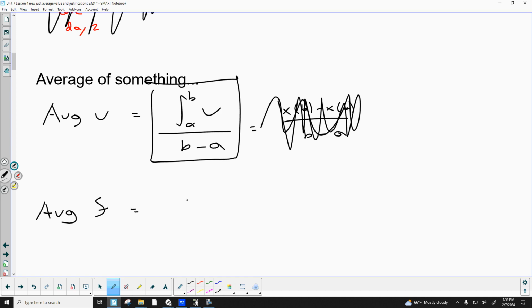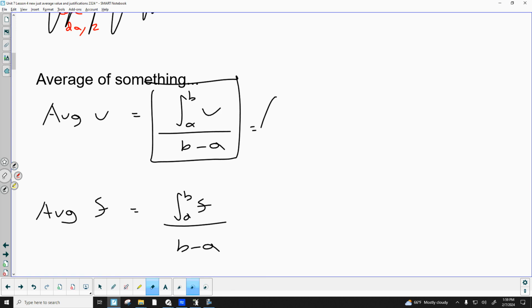You'll just accumulate or add up all of your F's divided by your interval. Cool? If I ask you for the average acceleration, we talked about that, but it's good to write it down again. We would add up all of my acceleration and divide it by my total.